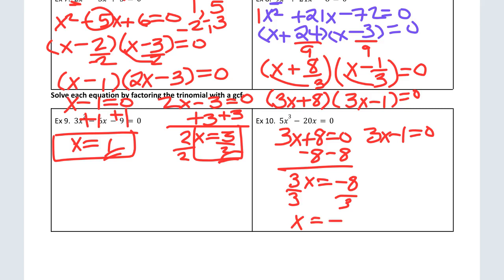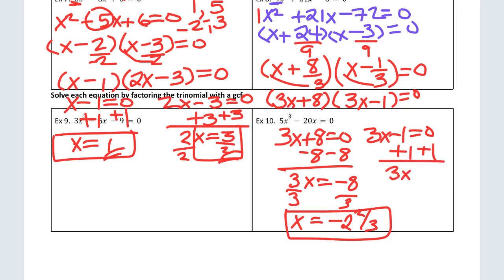So x is negative 2 and 2/3. Another one would be adding 1 to both sides of the equation and dividing by 3. Keeping our second result, x equals 1/3.